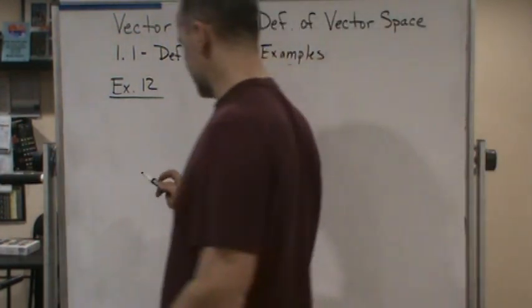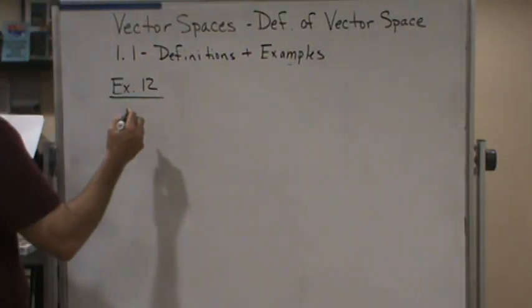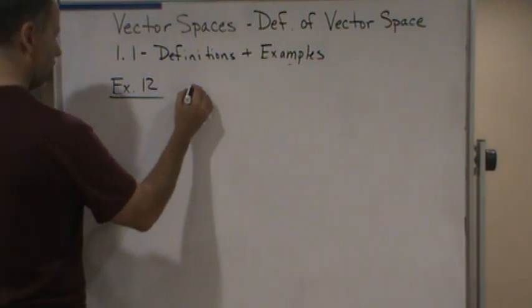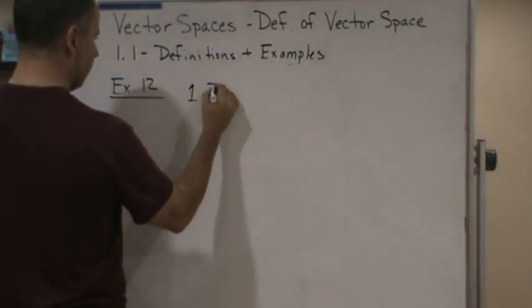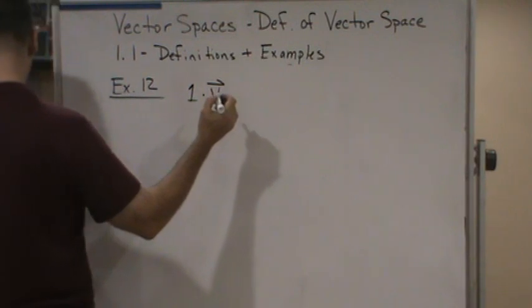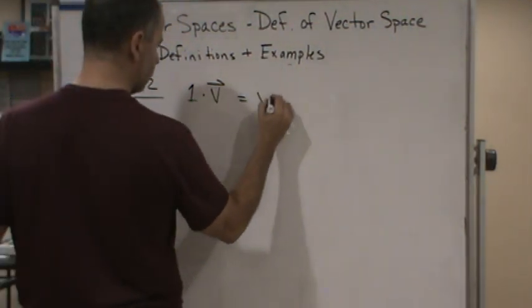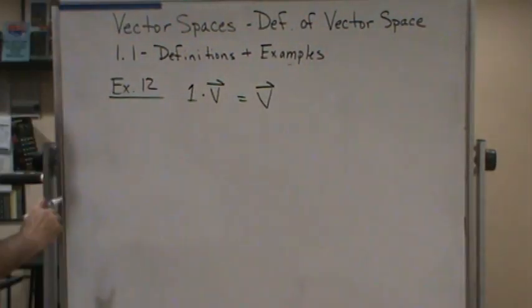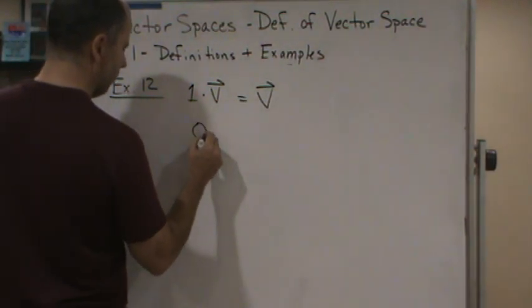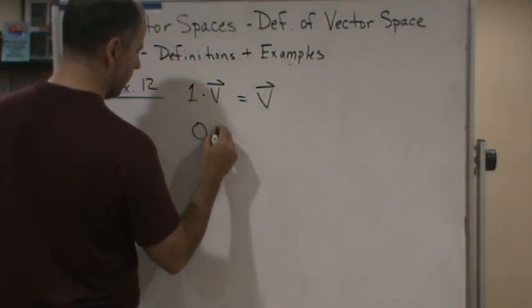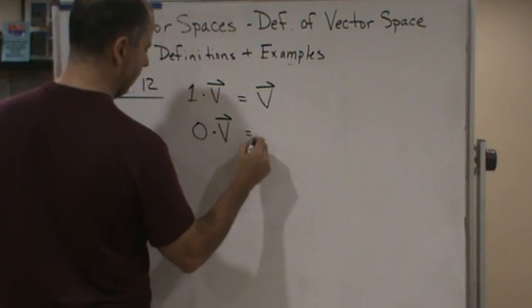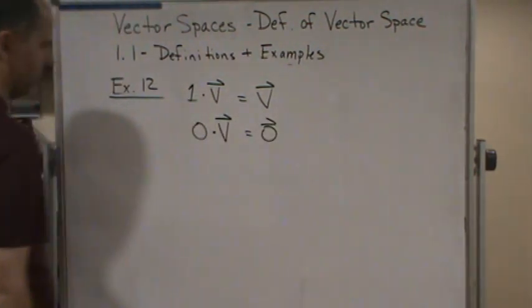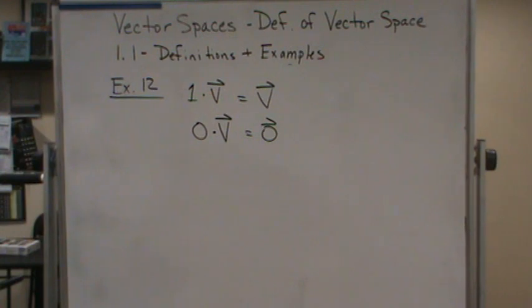So why specify the condition that 1 times vector v is equal to vector v? Why specify that condition, but not the condition that 0 times vector v equals the 0 vector? Because that's not one of the conditions.